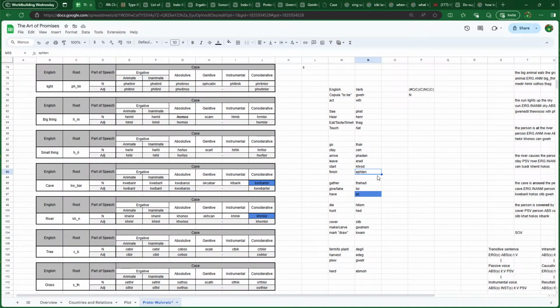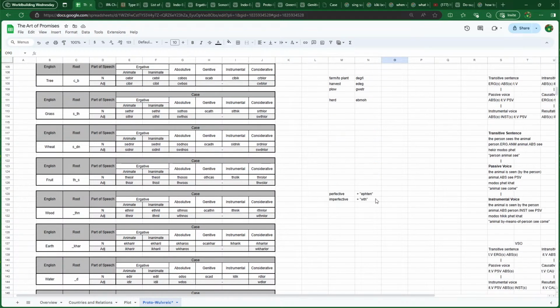So it can come from ep10, but then arrive can also fill the role of finish. Because when you arrive at your destination, your journey is finished. And they move around a lot, so that's fine.